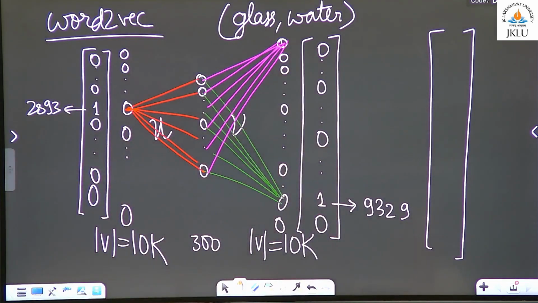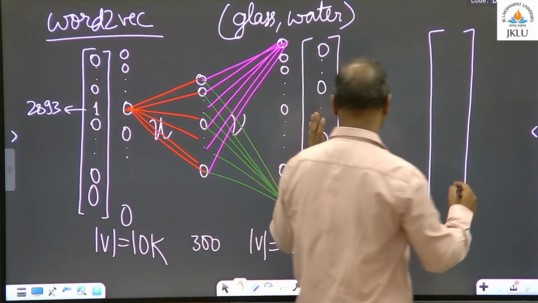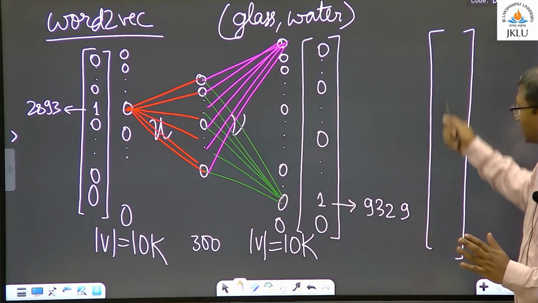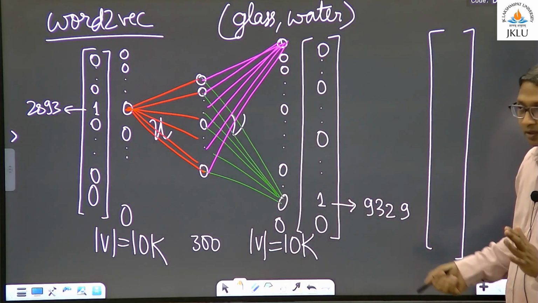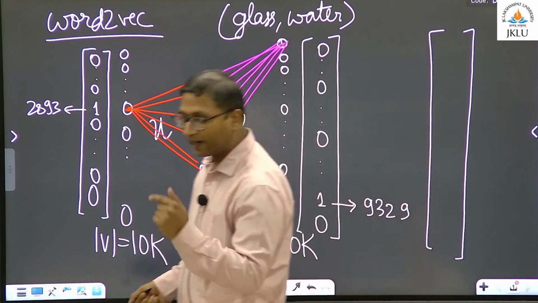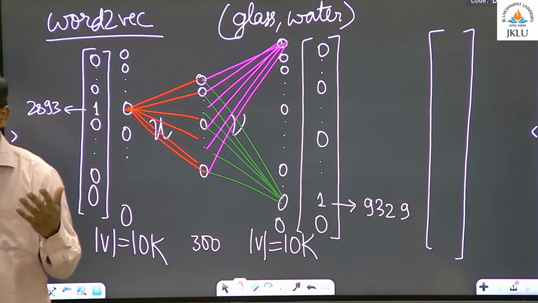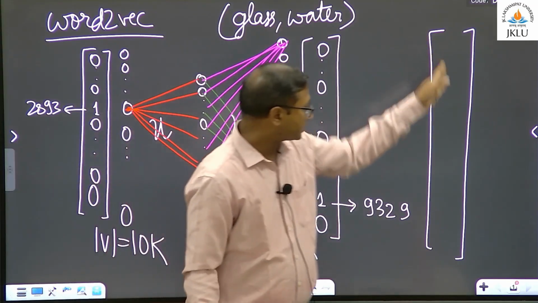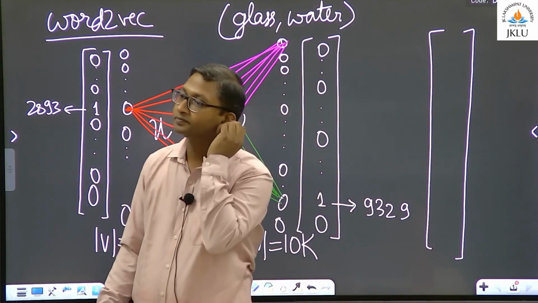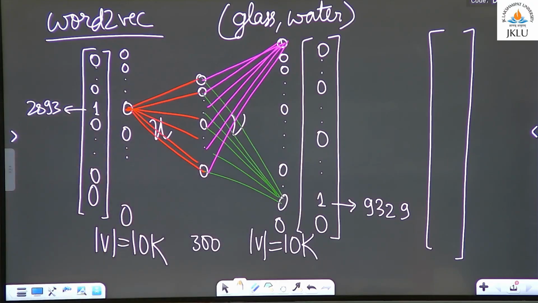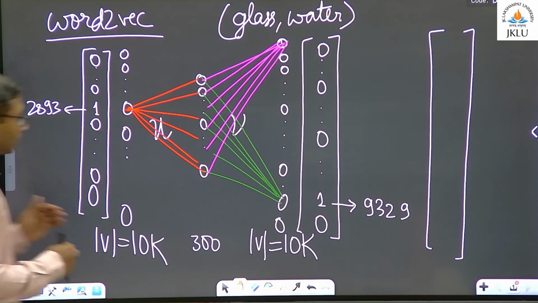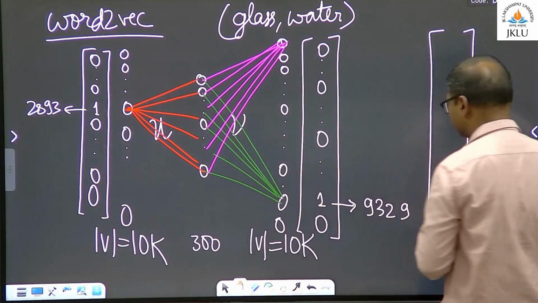Yes. So we will have some non-zero numbers here, right? And so you have some numbers here. What do we want with them? These are just the linear output of this particular layer. How do you convert it to a probability distribution?